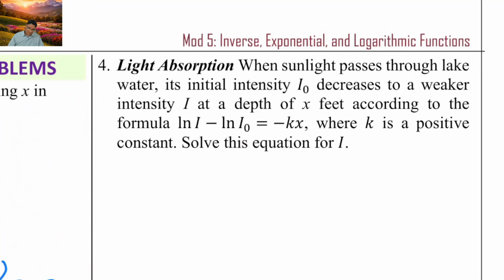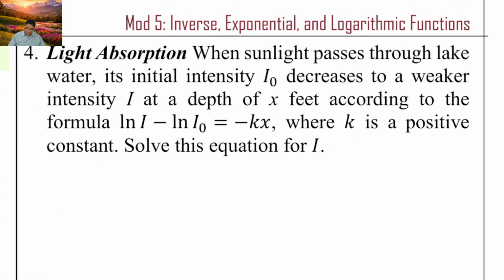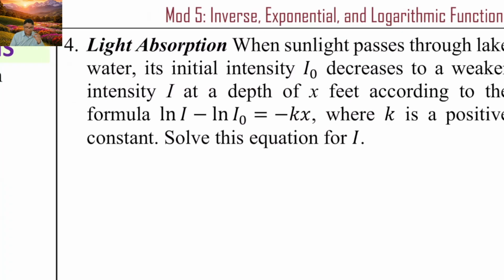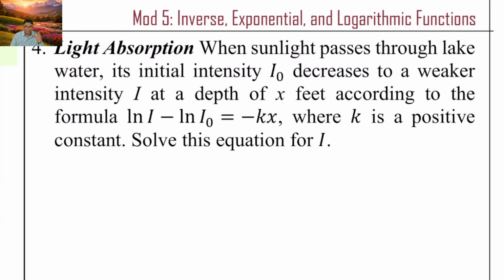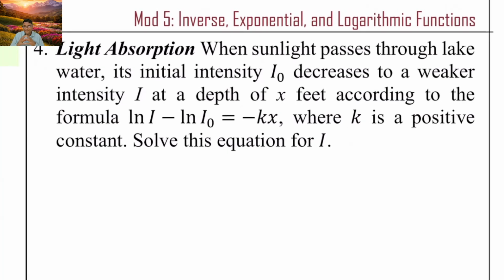We have one last problem to finish it, and that's a word problem. When sunlight passes through lake water, its initial intensity decreases to a weaker intensity at a depth of x feet according to the formula.